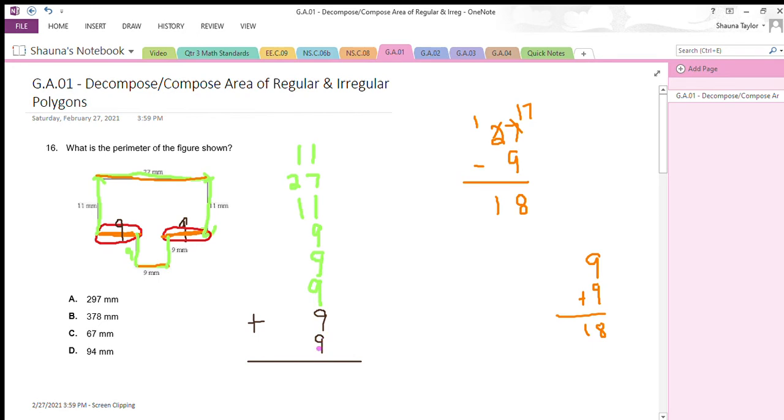I have 5 9s. 5 times 9 is 45, 46, 47, 48, 49, 50, 51, 52, 53, 54. Okay, I'm going to write a 4 here. Carry my 5. 5, 6, 7, 8, 9. And the measurement is millimeters, and it's perimeter, so I don't need no symbol. So if I look over here, there's my answer, 94 millimeters, because it's perimeter.